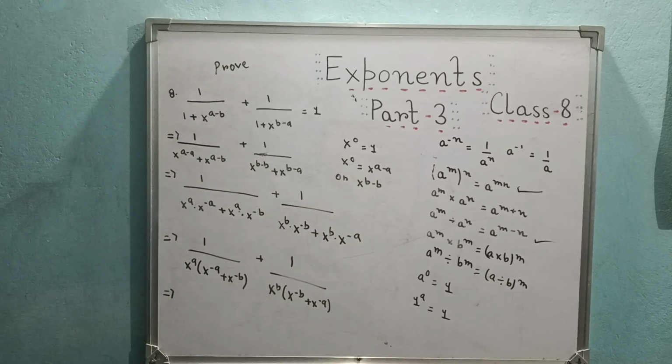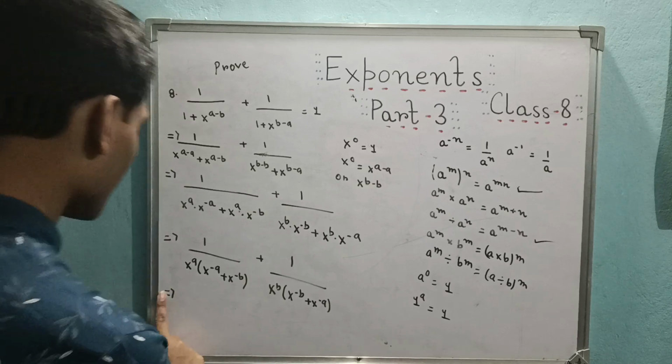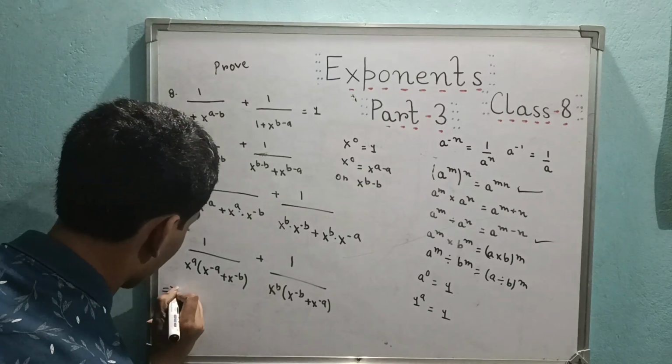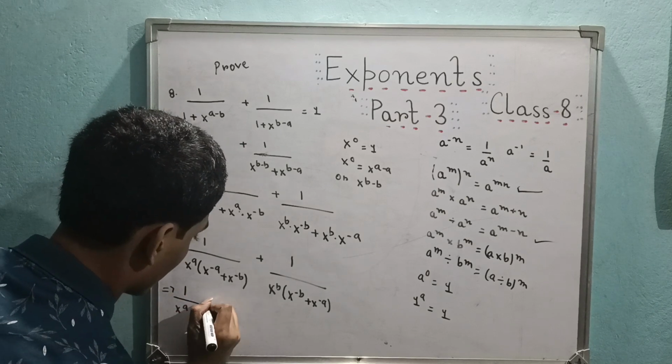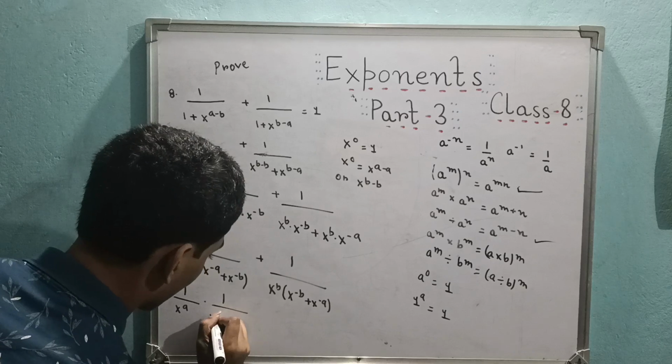Now, what do I tell? 1 by x to the power minus a plus x to the power minus b common. See this, just understand it. I'm writing it in the simplified form.